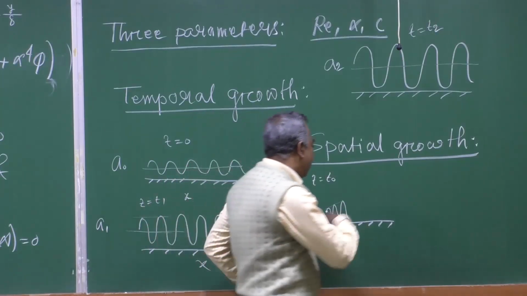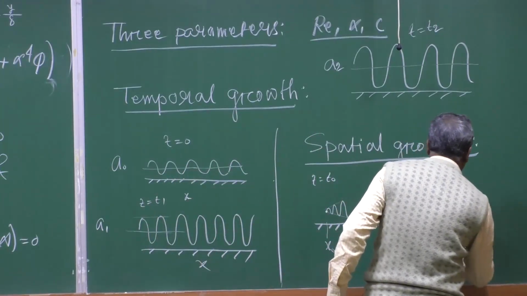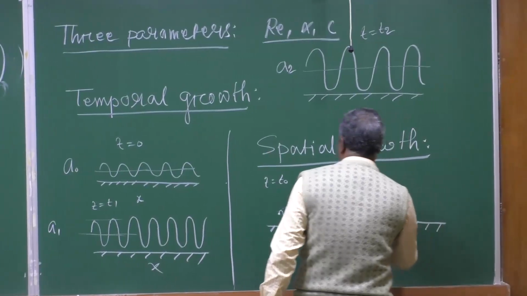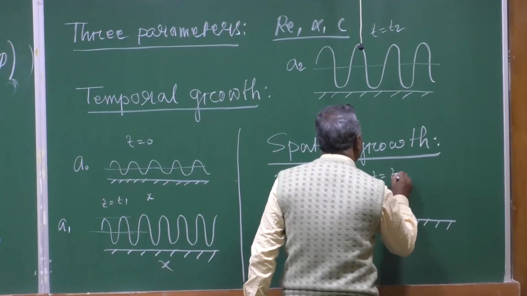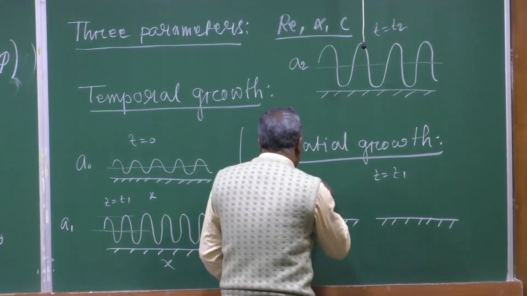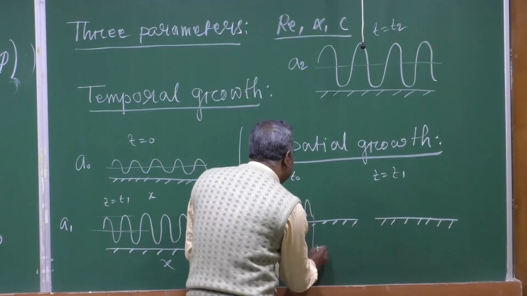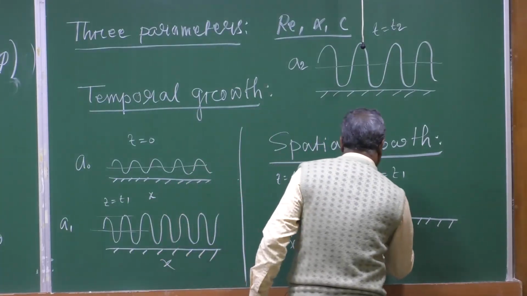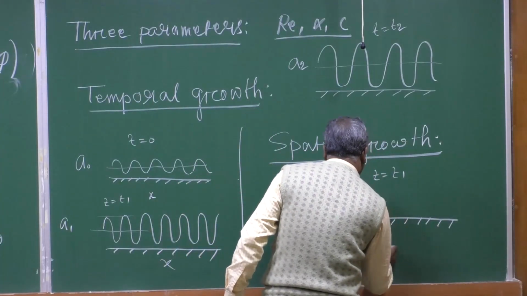That means, at some other finite time t is equal to t 1, if this distance is x 1, and this is once again x naught.